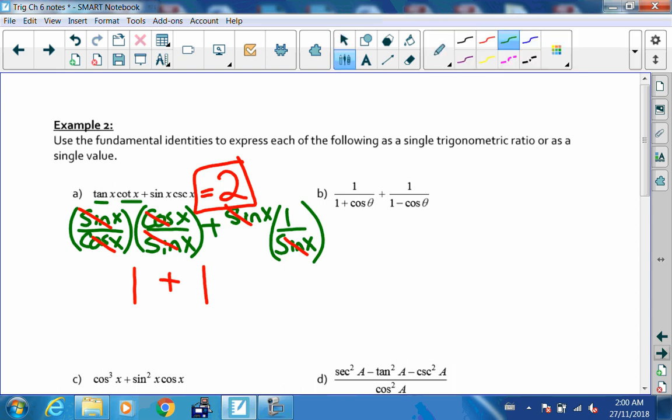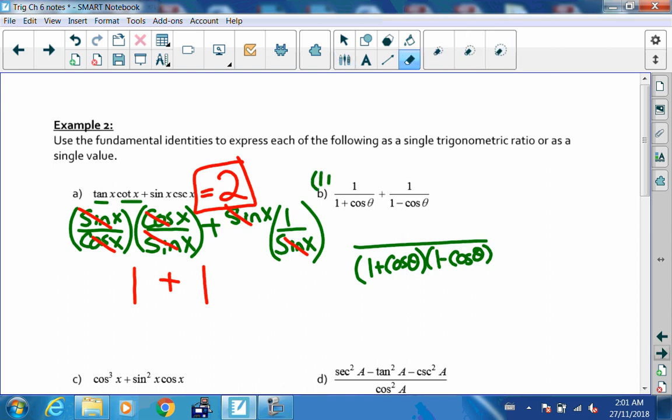All right, this guy here. Hopefully you can see that I'm going to do some common denominatoring, but the things that I'm working with in my common denominator are in fact conjugates of each other. So my common denominator is going to become 1 plus cosine of theta, and 1 minus cosine of theta. And then if I multiply, this is going to become a 1 minus cos in my numerator over here. And this is going to become 1 plus cosine theta up here.